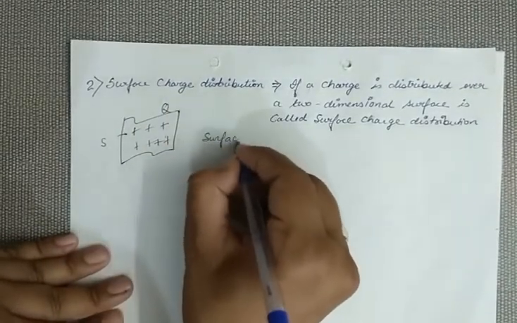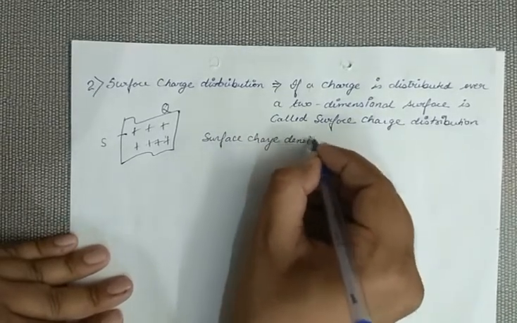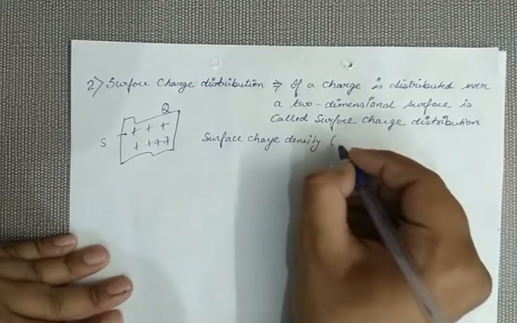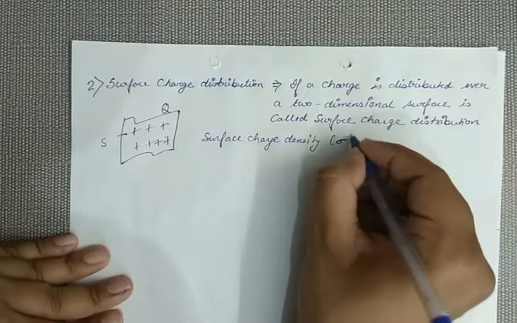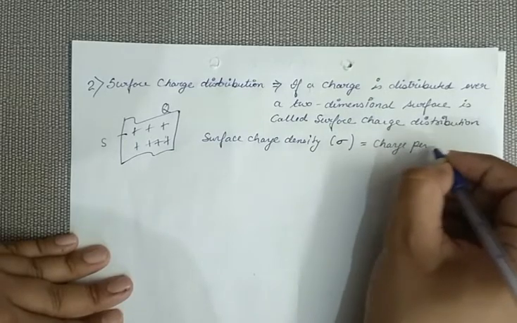So if we have to find surface charge density, this is very important. Surface charge density is represented by the symbol sigma. It is defined as charge per unit area.